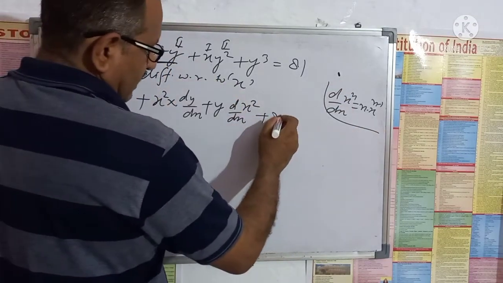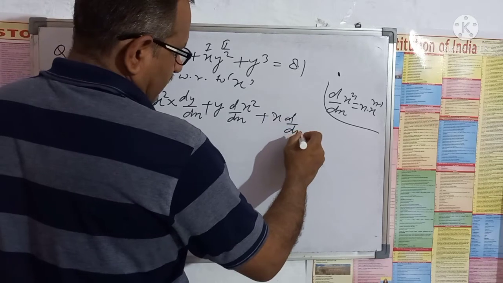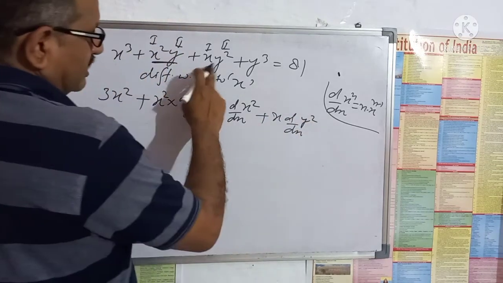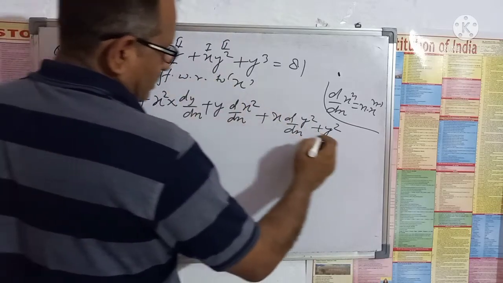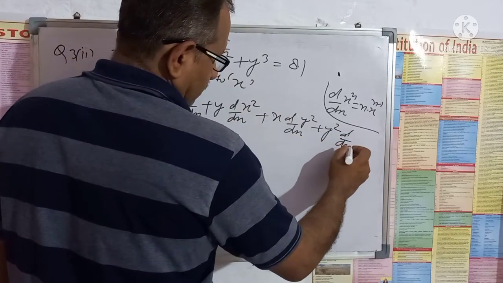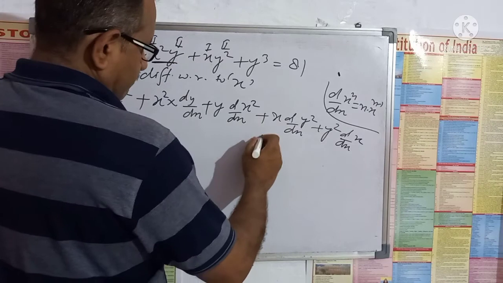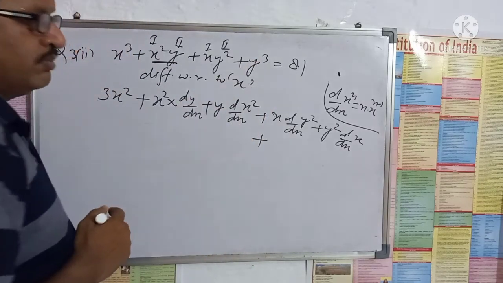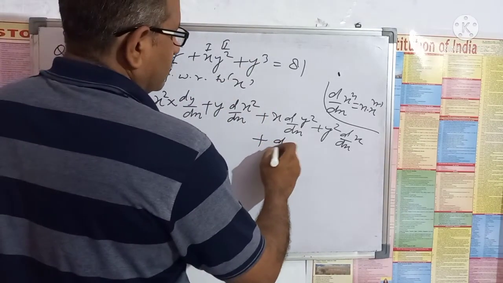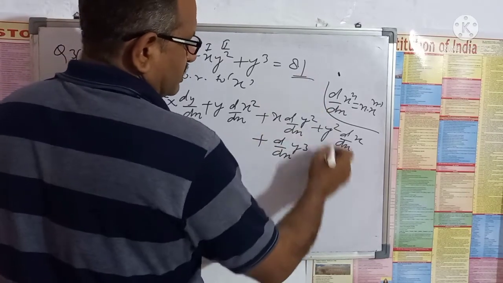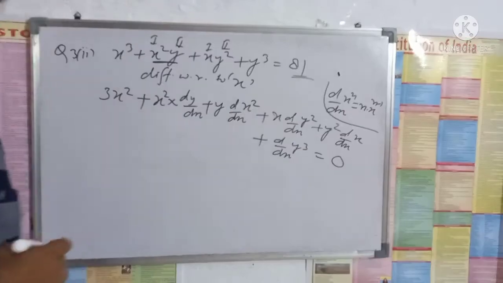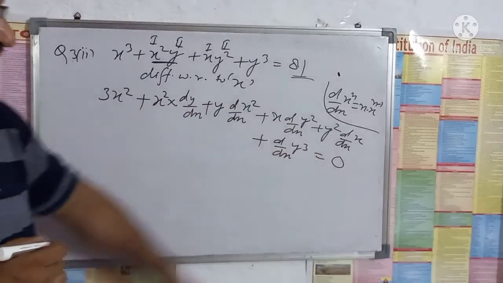So first function x, d by dx of y square, plus y square and derivative of x, plus y cube, d by dx of y cube. This one is constant, so derivative will be 0.